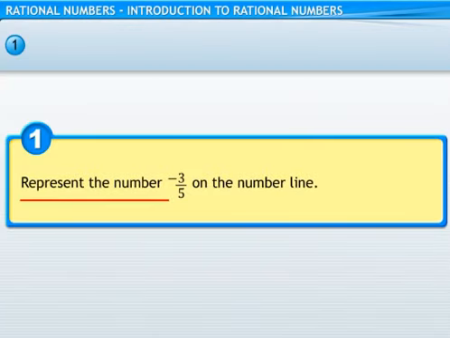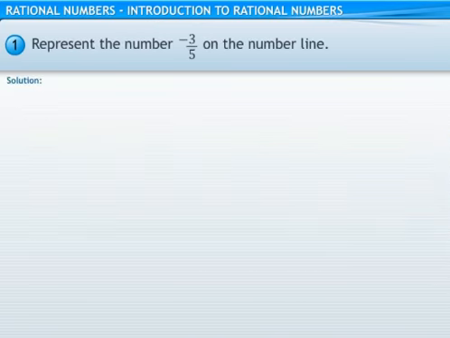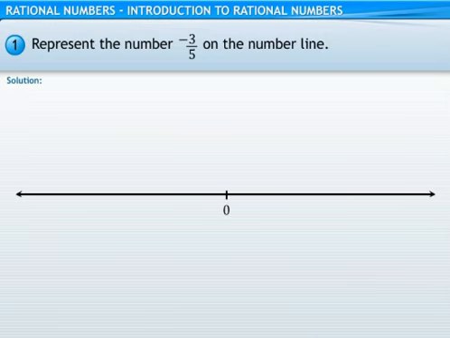Represent the number minus 3 divided by 5 on the number line. Draw a straight line and mark its center as 0. As the given rational number is negative, it will lie to the left of 0 on the number line. Mark a point to the left of 0 on the number line.